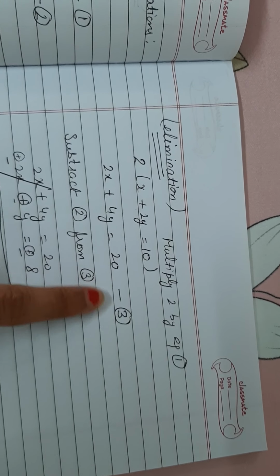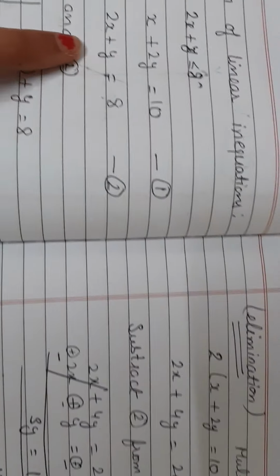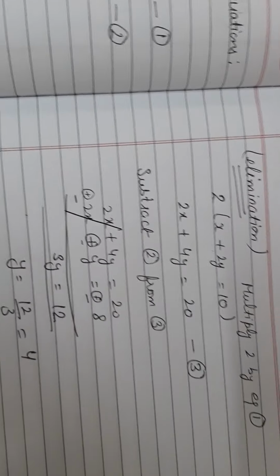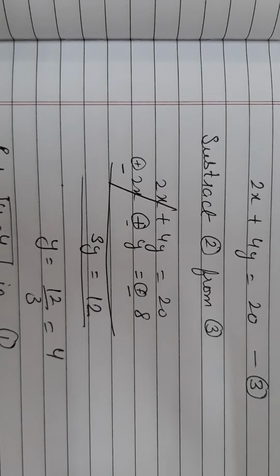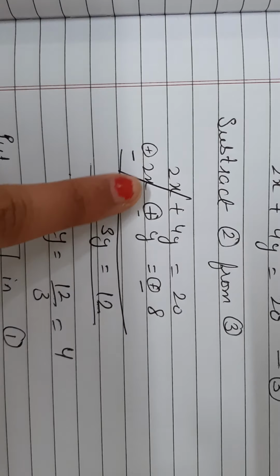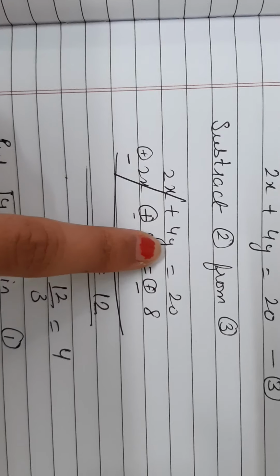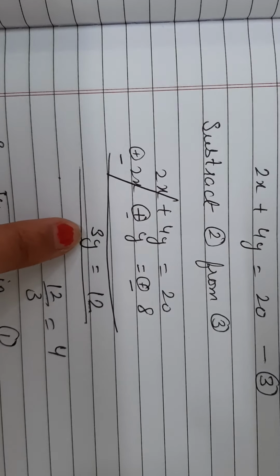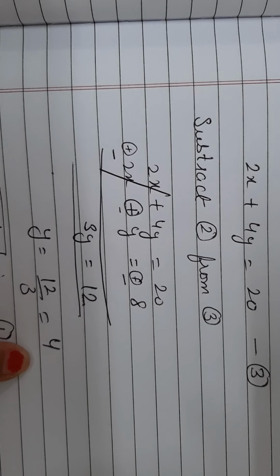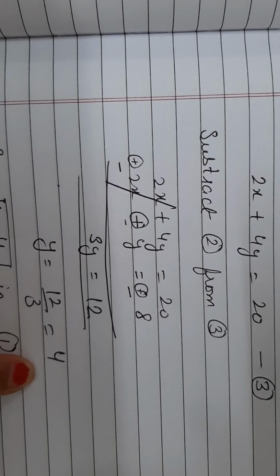This is the third equation, this is the second equation. Now subtract 2 from 3. As I have subtracted, the 2x has cancelled, and 4 minus 1 is 3, and 20 minus 8 is 12. So y is equal to 4.